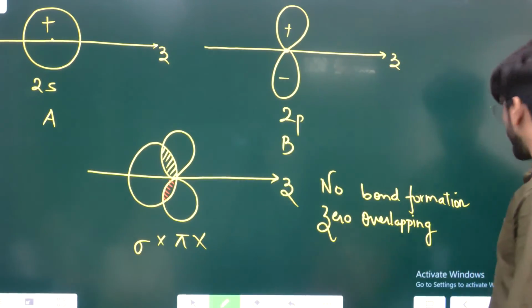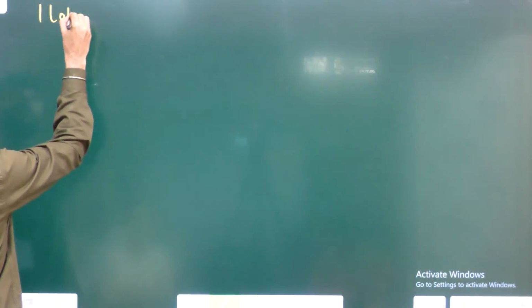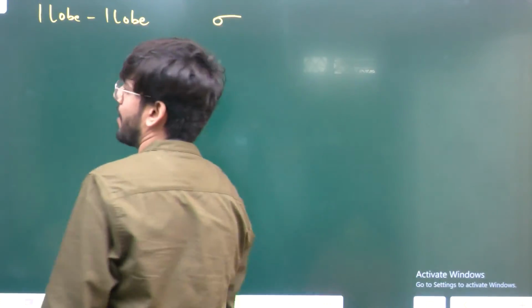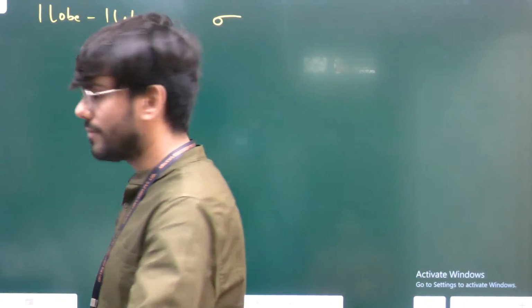Now let me give you a trick where you will form a sigma bond and where you will form a pi bond. See, suppose if there is one loop interaction. S is having only one loop, so s-s, it is always a formation of sigma. One loop. Two loops.